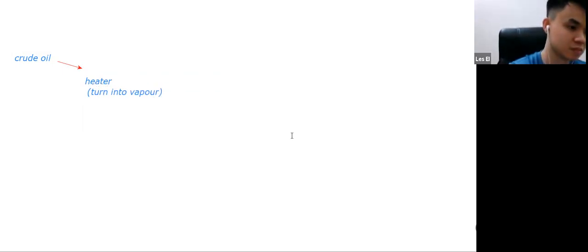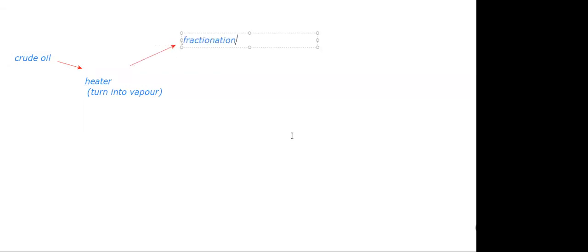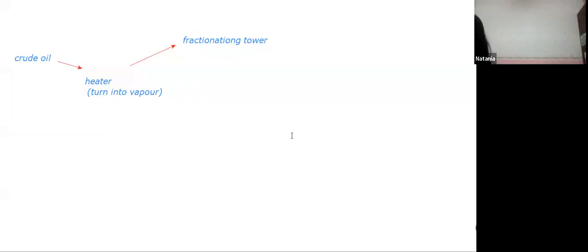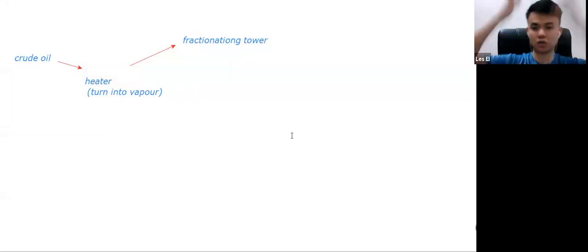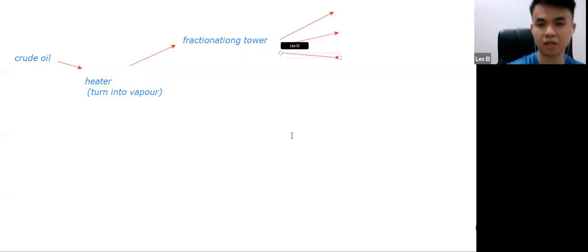After that, you pass it to the fractionating column. In industry scale, you have a huge column, right? Then your vapor will condense and give you several products.